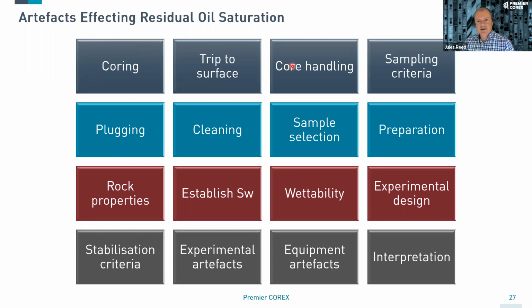All of these processes can have an impact on the residual oil saturation. So the cleaning process can. But I'll come back and look at these when we start saying, well, what is the solution? What should we be doing? But at the moment, I'll look at things like stabilization criteria and some of the experimental artifacts.